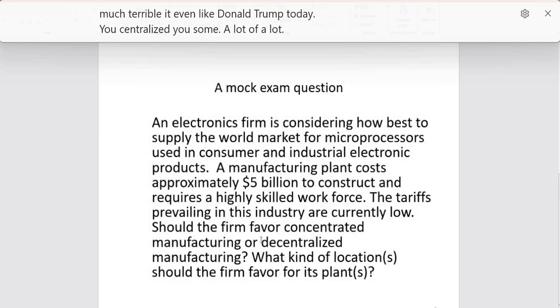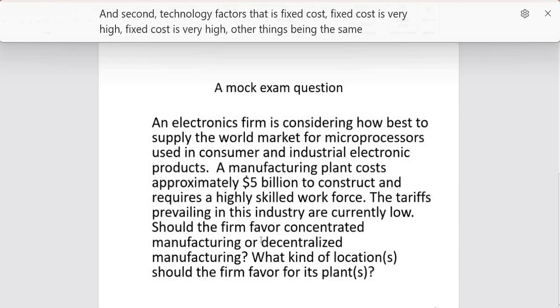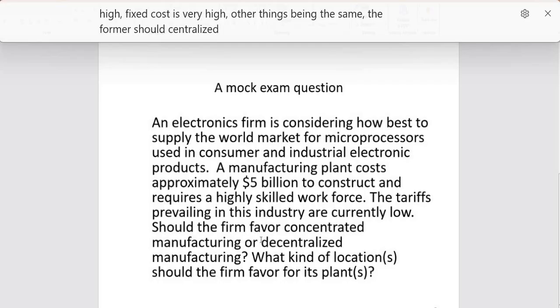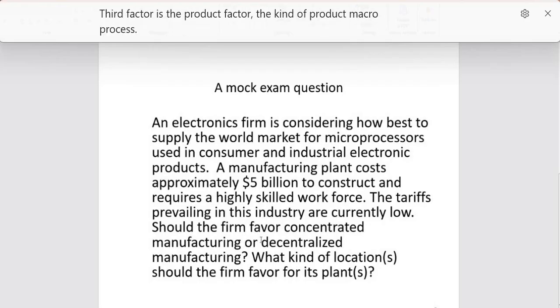Second, technology factors, that is fixed cost. Fixed cost is very high. When fixed cost is very high, other things being the same, the firm should centralize. The third factor is the product factor, the kind of product: the value to weight ratio.